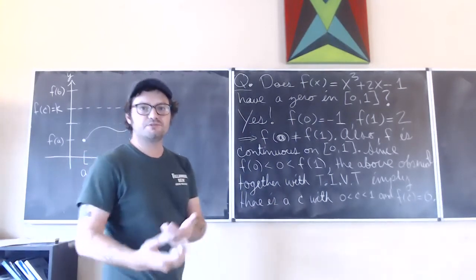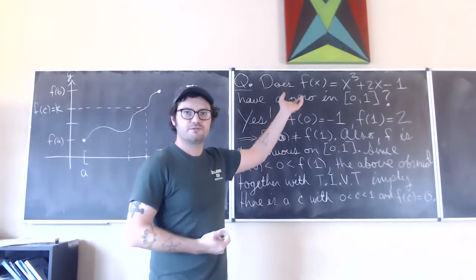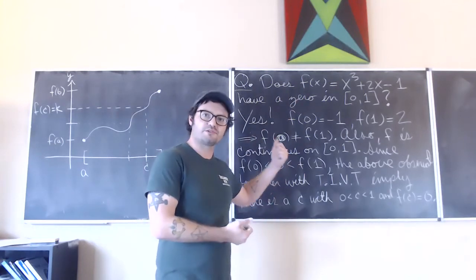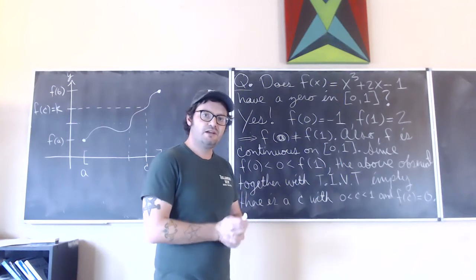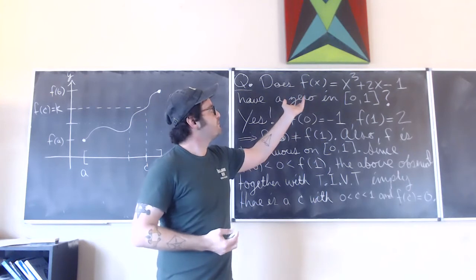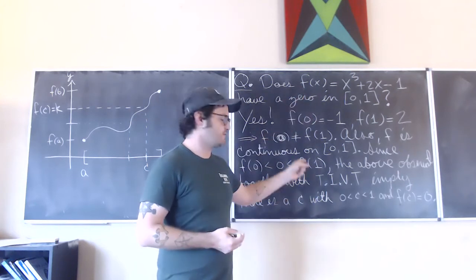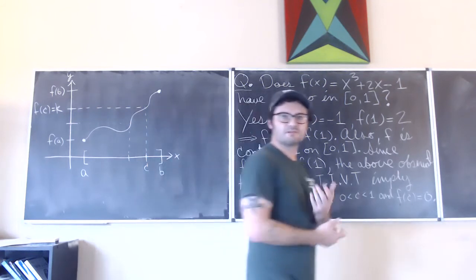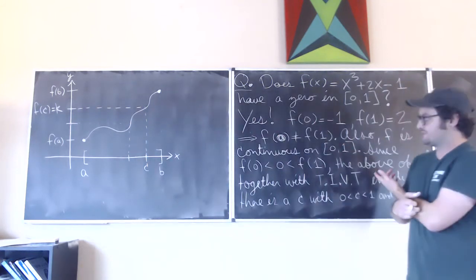But then you can use nice properties of continuity if you know that it's continuous to infer properties about the function. What's more, you could probably devise an algorithm based off of this observation to find the 0 or get close to the 0. So we know that it exists now.